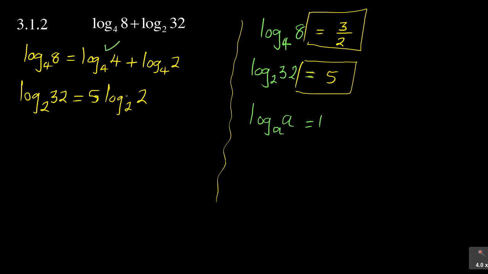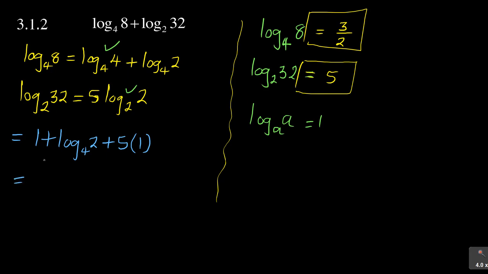We notice that in these two places. So log 4 of 4 is 1, plus log 4 of 2, plus 5, and log 2 of 2 is also a 1. Log 2 of 32 gave us a 5, which is 5 times 1.